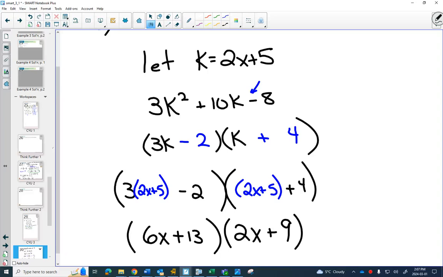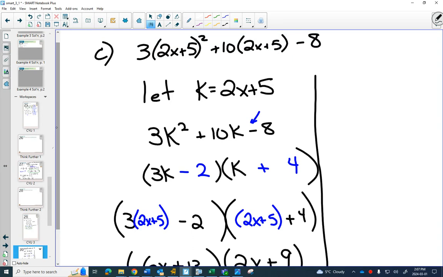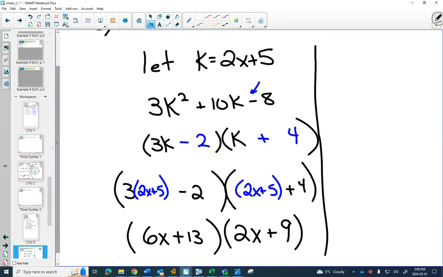I'm going to tell you that if you had decided to multiply that out, combine all your like terms and simplify, you would have gotten 12x squared plus 80x plus 117.